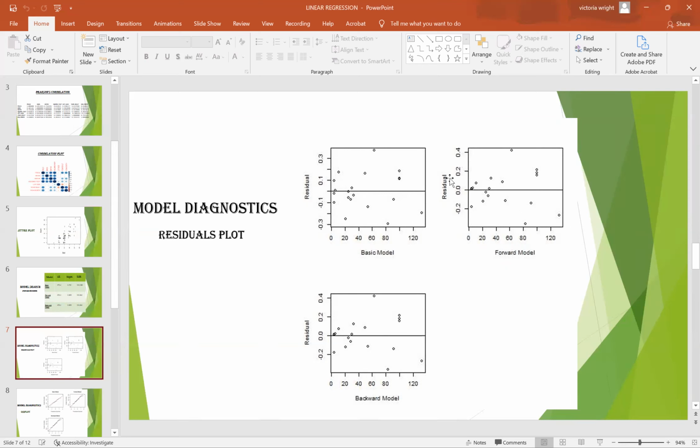And after I do the logarithm for the y-axis, every plot follows IID. That means independent, identically distributed.